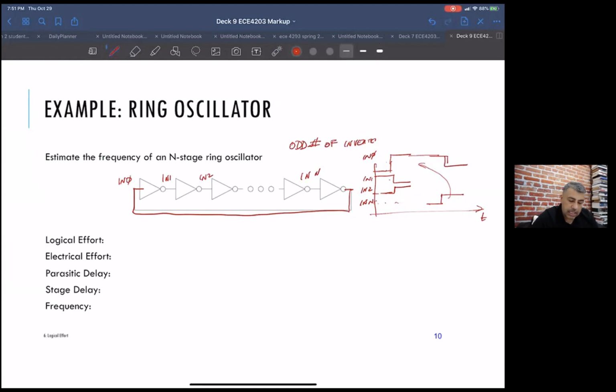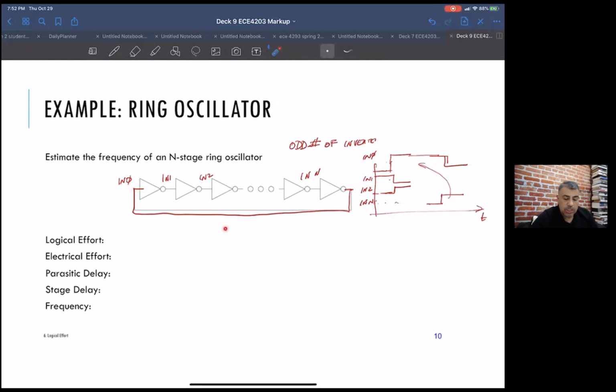So basically it ends up being an oscillator. Something will happen here. It'll take a long time, basically this number of delays, however many you have, to get to the output, but it'll have the opposite polarity because we have an odd number of inverters, and that will invert the input to what caused the issue.